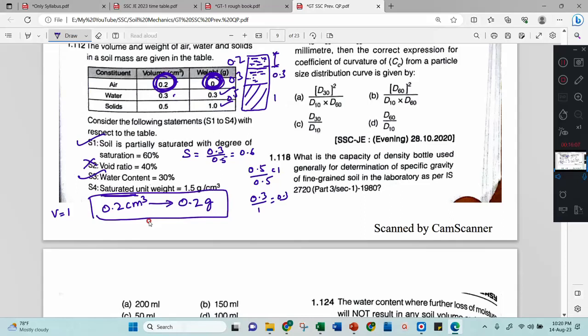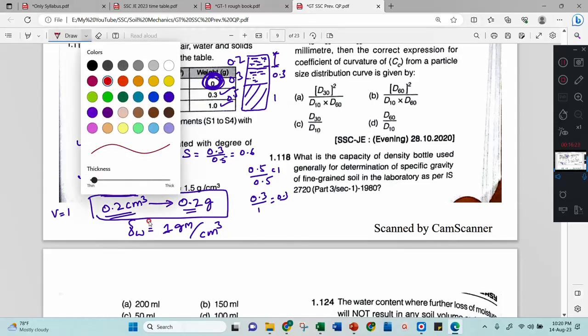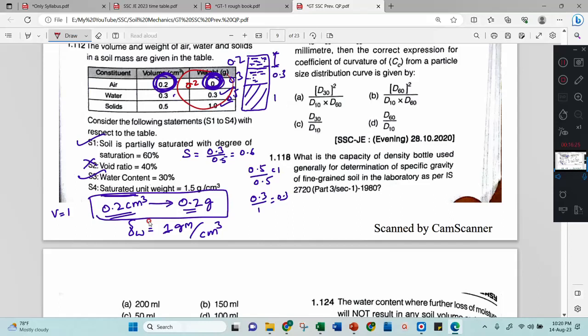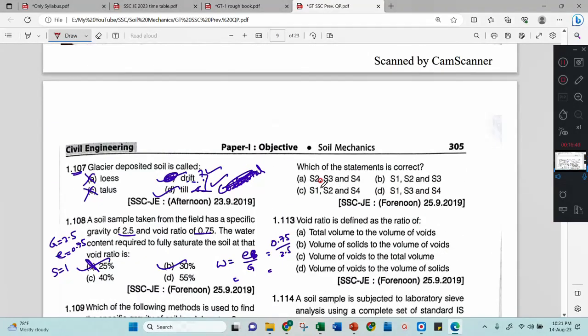You should remember, water density is 1 gram per centimeter cube, which means 0.2 equals 0.2, no? Therefore, at this point I will write 0.2. Then the total will be 1 plus 0.3 plus 0.2 becomes 1.5 divided by 1. Therefore, 1.5 gram per centimeter cube is a right answer. Therefore, S1, S3, S4 is the right answer.